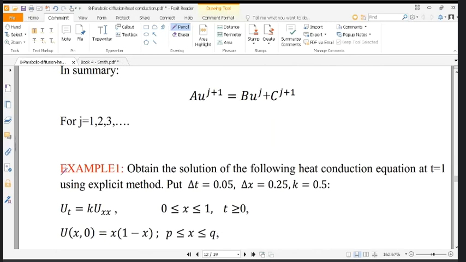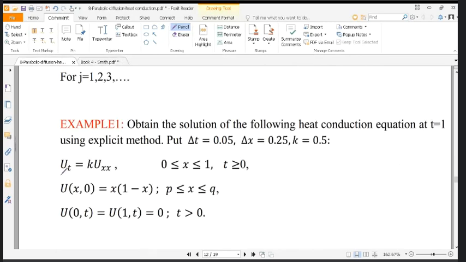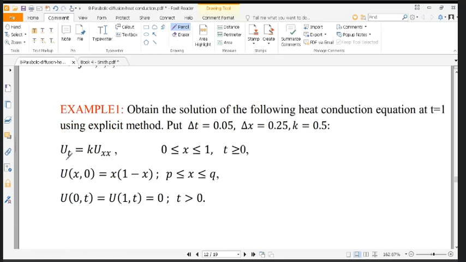Example 1. In this example, we have a diffusion equation, u t equals k u x x. This is the diffusion equation, which is applied to heat conduction.